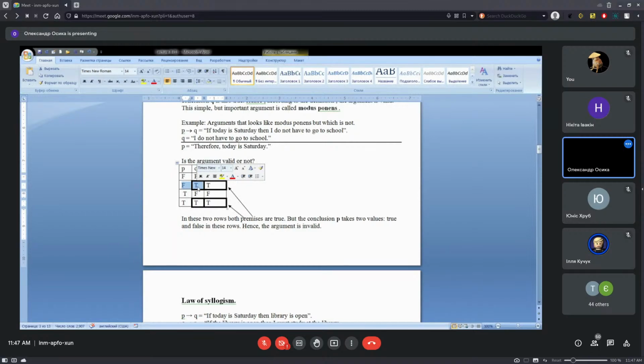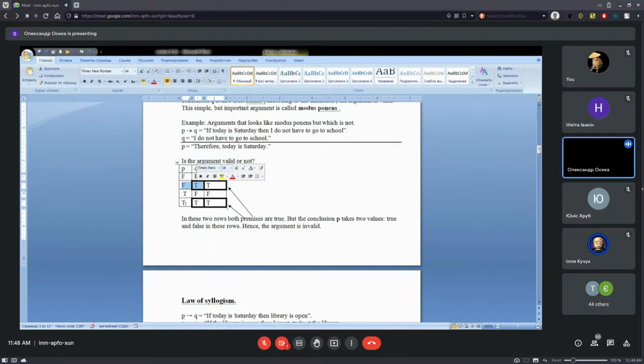Q true, P implies Q also true, because from false we get true, it is also true. From true we get true, it is also true. So we have two cases when premises are true, but the conclusion for one interpretation is false, and for one interpretation is true.